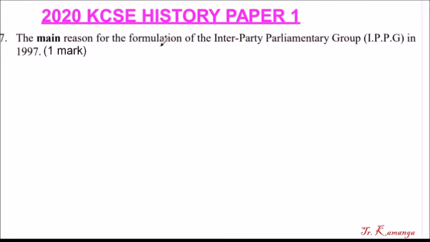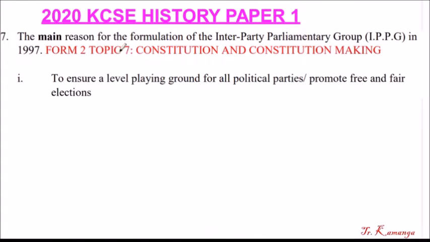Let's go to question number 7. The main reason for the formation of the Inter-Party Parliamentary Group, popularly known as IPPG, in 1997. Why was the start of IPPG? This is from Form 2 Topic 7, Constitutions and Constitution Making.